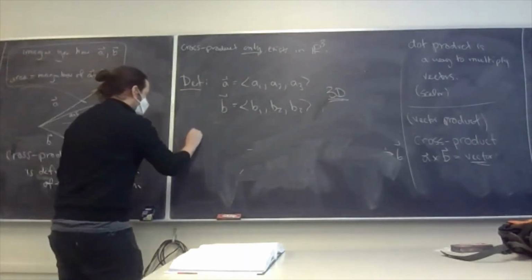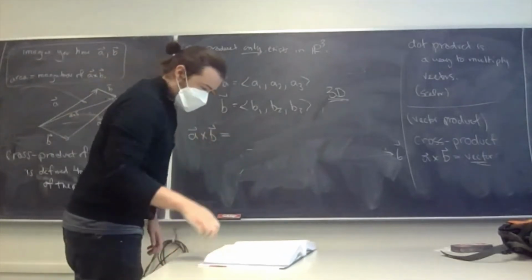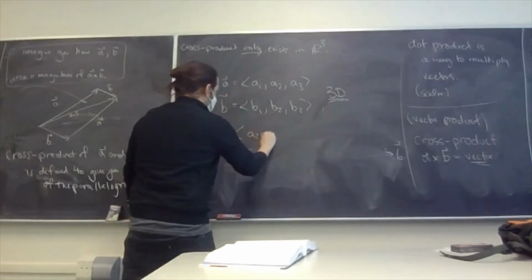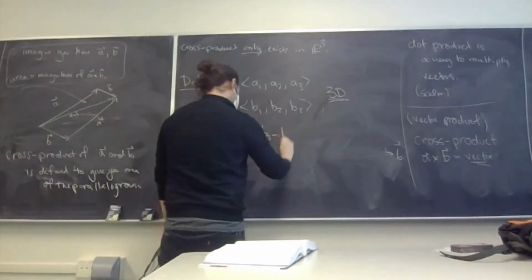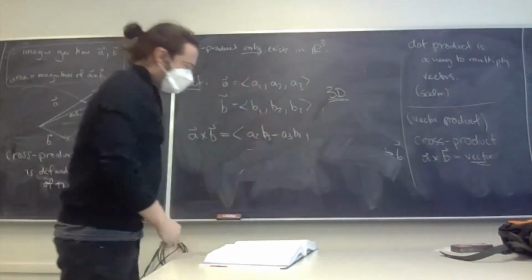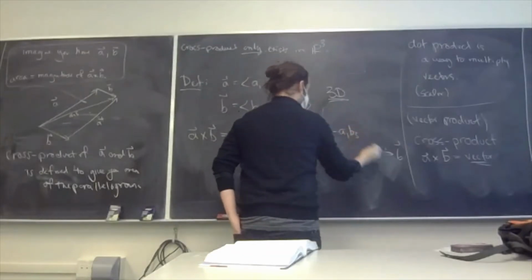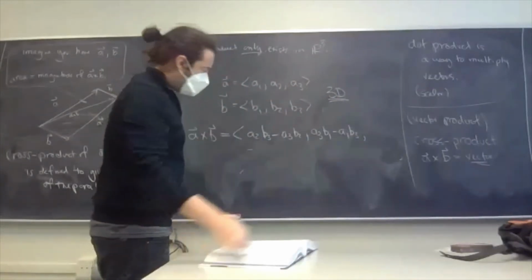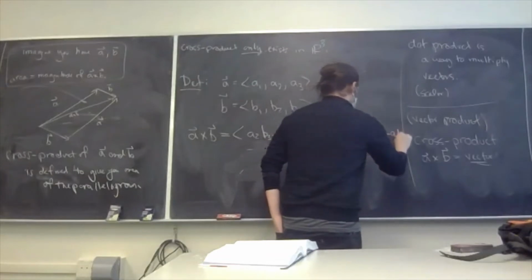Then, the cross product of A and B is defined to be (A2 B3 minus A3 B2, A3 B1 minus A1 B3, and A2 B1 minus A1 B2).